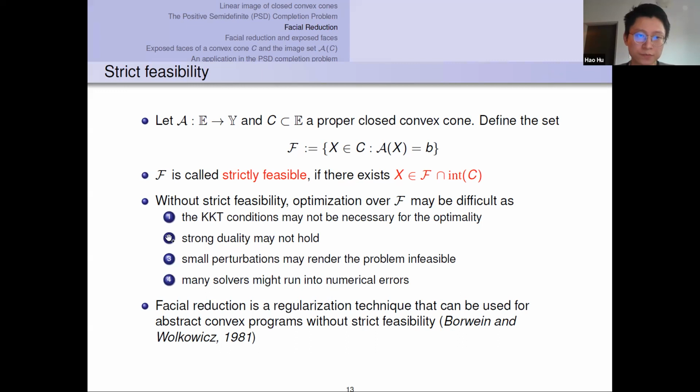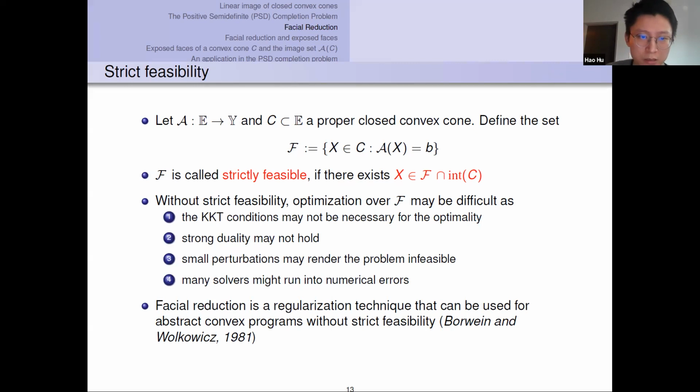But if strong duality does not hold, then your dual objective function does not reflect the true optimal value. Small perturbations may render the problem infeasible because you don't have a point in the interior. And for all those reasons, many solvers might run into numerical errors.